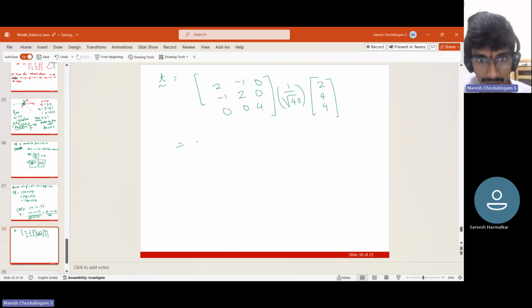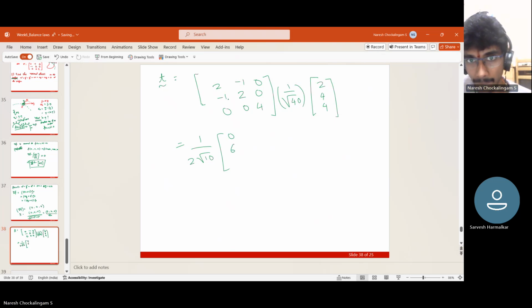You can write root 40 as 2 root 10. Then multiply: 2 twos are 4, 4 minus 4 is 0, and minus 2 plus 8 is 6, and the last one is 16. So the traction on this surface is 0, 3 by square root of 10, and 8 by square root of 10.